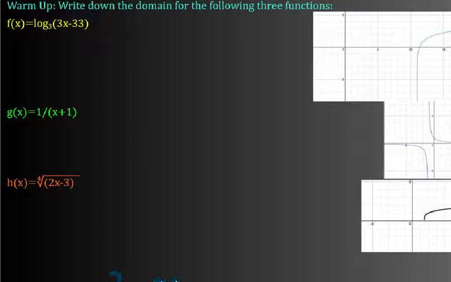So to start off though, just unrelated to that, I have here the three kinds of functions that cause domain issues. Really three classes of functions, because you can have an infinite amount of logs that have a domain issue, an infinite amount of rational functions, and even root functions.